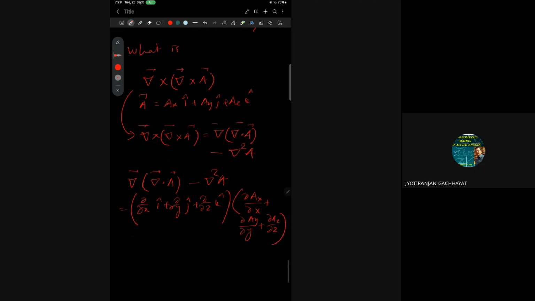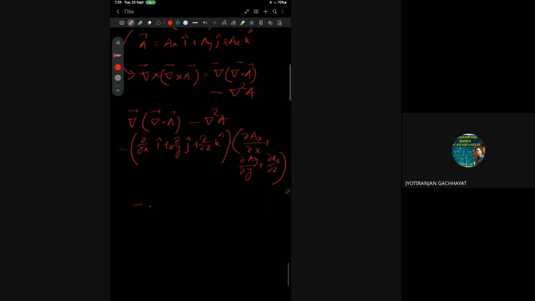Minus del square. Del square means del square by del x square plus del square by del y square plus del square by del z square, operating on ax i cap plus ay j cap plus az k cap.